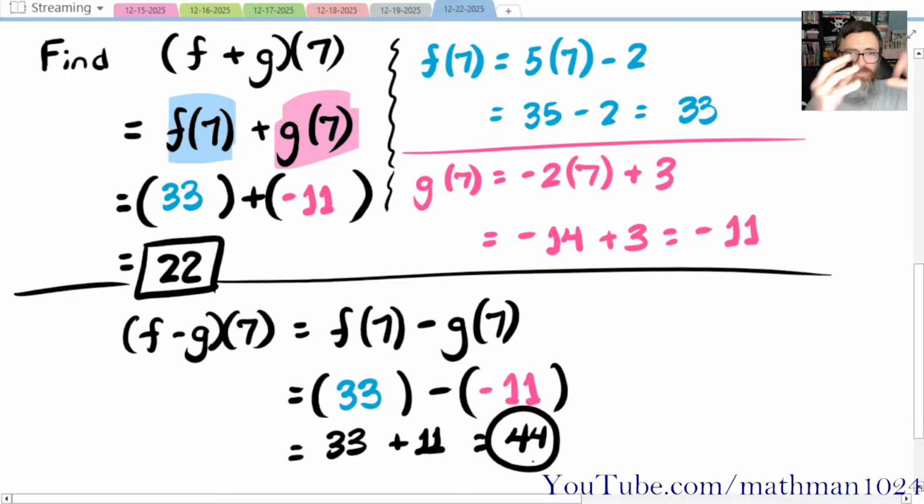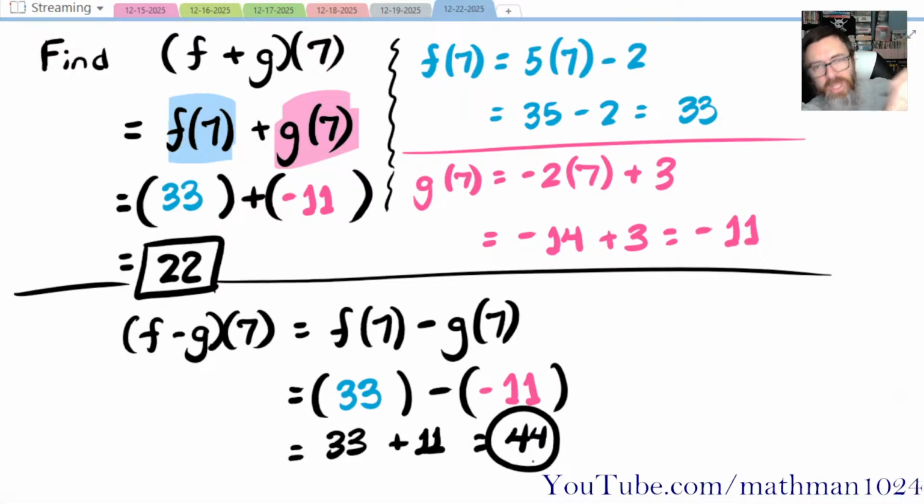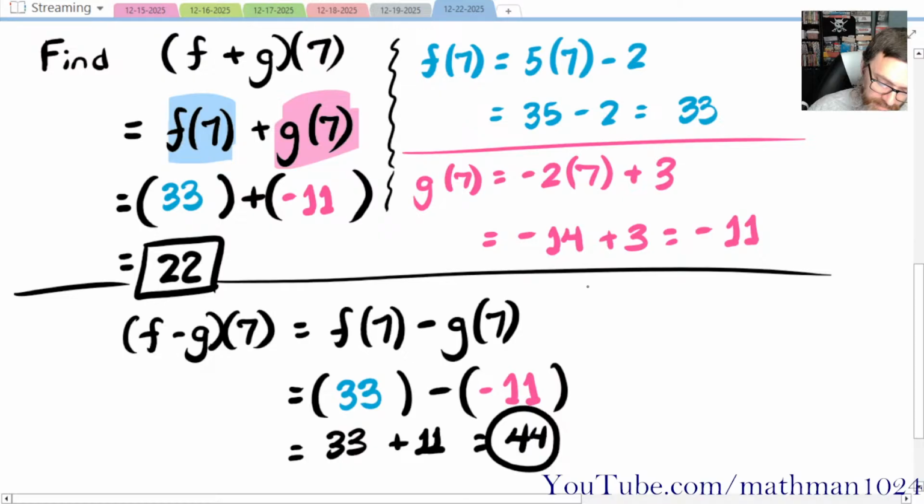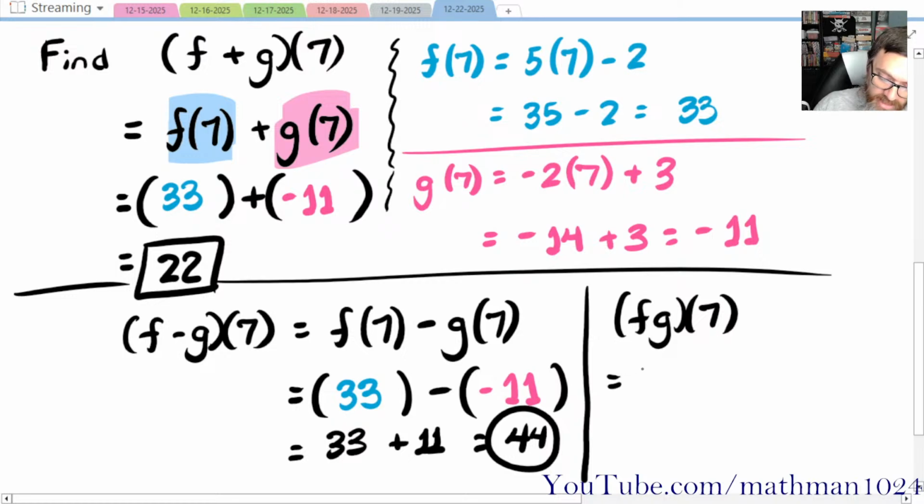So again, we already have the work done off to the side. We brought those values together, first through addition, and now we're doing subtraction. Same thing would happen if I decided to do this. If I said f times g of 7. That means f of 7 times g of 7. And again, we already know what these values are.